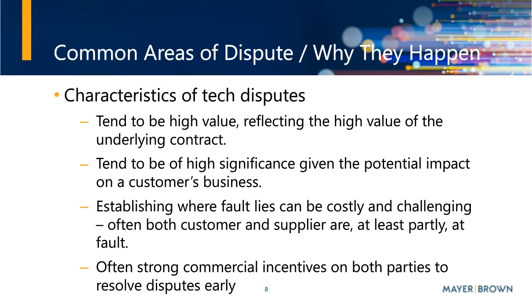The final characteristic that we've listed is an indication of why we don't tend to see that many technology disputes progress to formal legal proceedings, whether that's litigation or arbitration. Because of some of the factors that we've mentioned, there are often very strong commercial incentives on both sides to ensure disputes are resolved rather than fought.